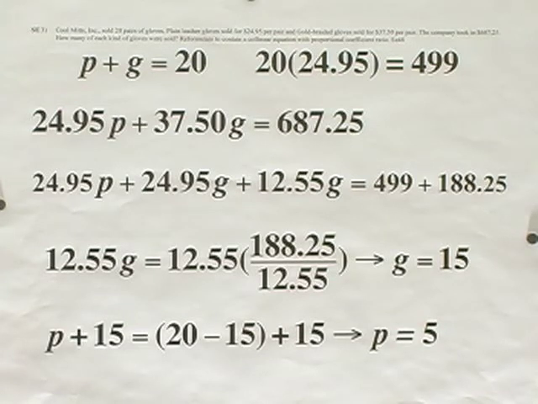Here's the first equation. Plain leather gloves plus gold braided gloves, they sold 20 of them. Here's the second equation, $24.95 times the plain leather gloves plus $37.50 times the gold braided gloves. Sales were $687.25.